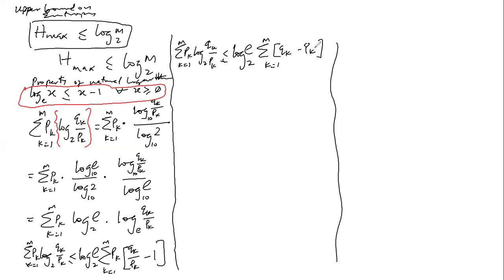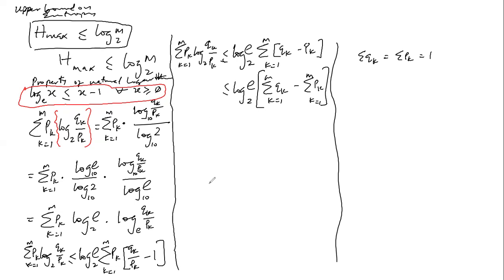Yeah, super. So now this is the same as this, less or equal to log to base e, then sigma k equal to 1 to m qk minus sigma pk k equal to 1 to m, when we open up this bracket, right? But we already know by the law of total probability, this sigma qk is the same as sigma pk is the same as 1.